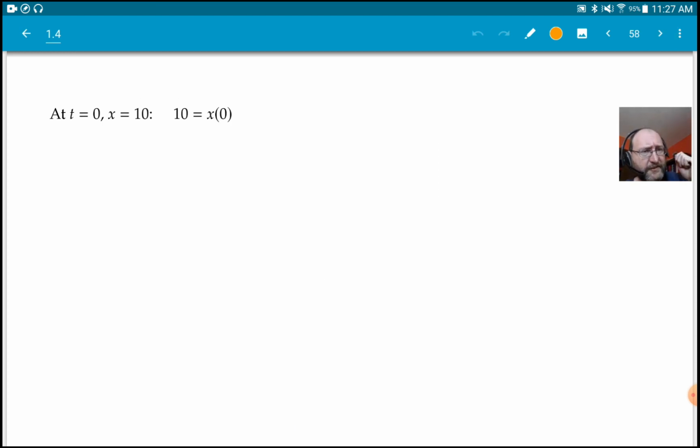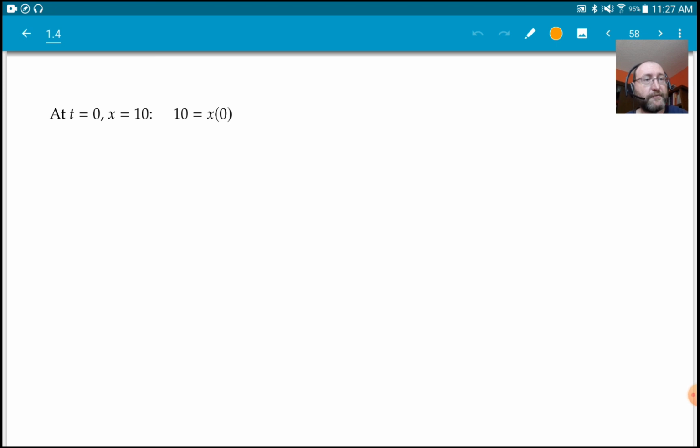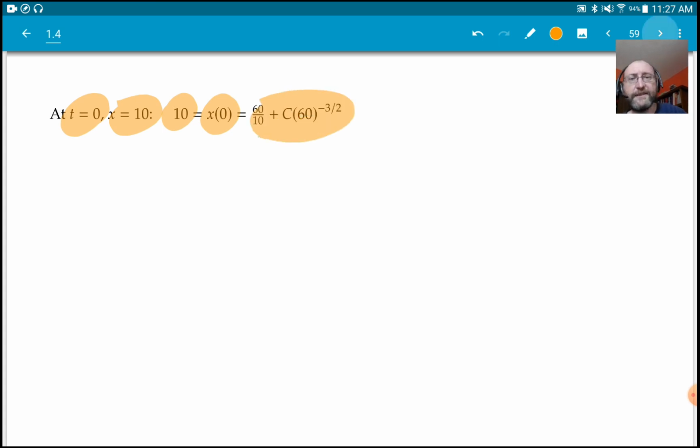We now have to find a specific solution. In the beginning, there were 10 kilograms of salt, so x at 0 is 10. You just plug it into the formula that we got and solve for c.